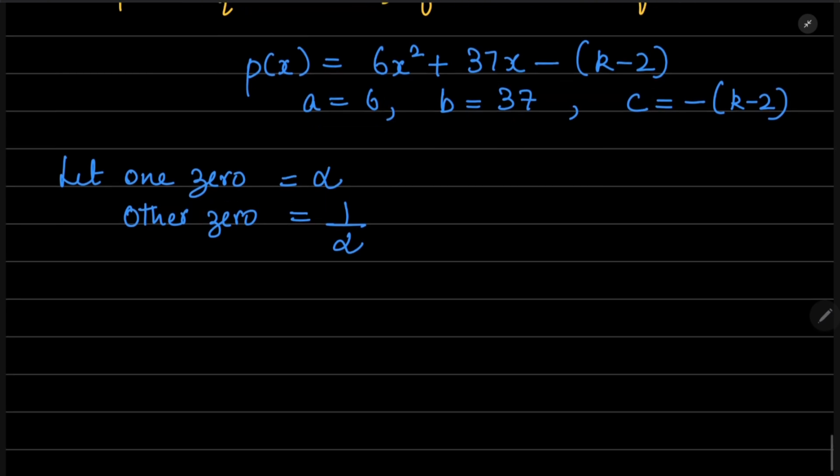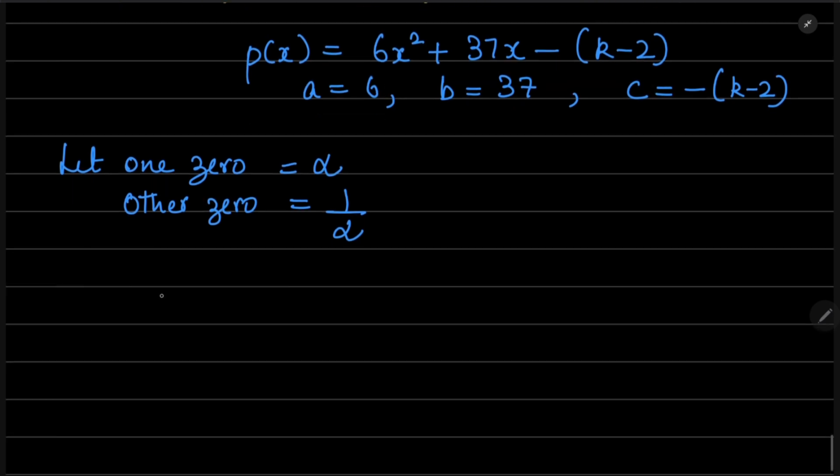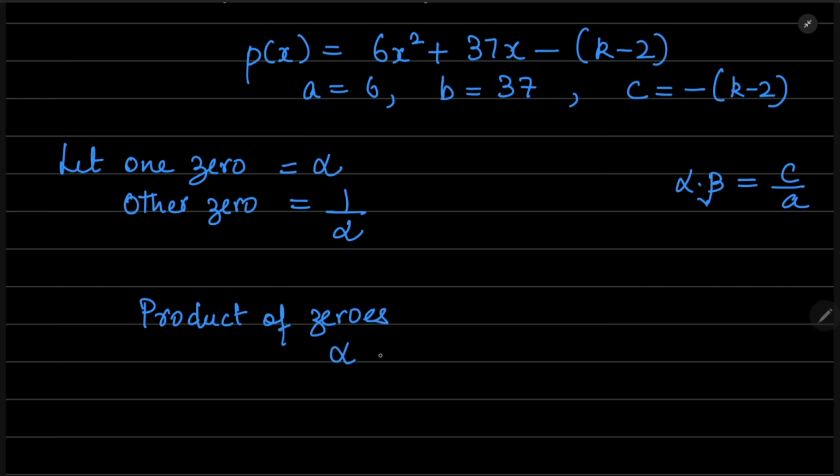So the product of the zeros, alpha into beta, is c by a, right? We know alpha into beta is equal to c by a. But in our case, one of the zeros is just alpha and the other zero is 1 by alpha.